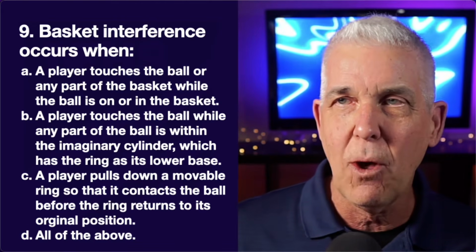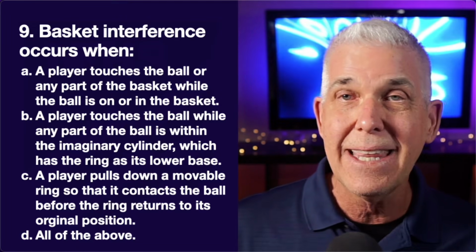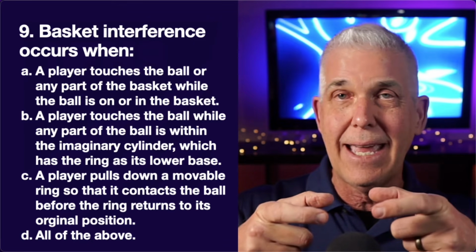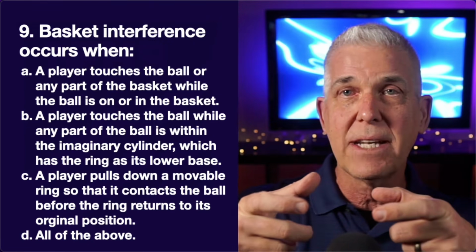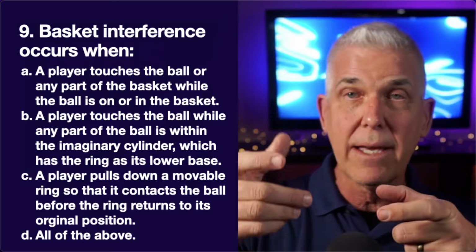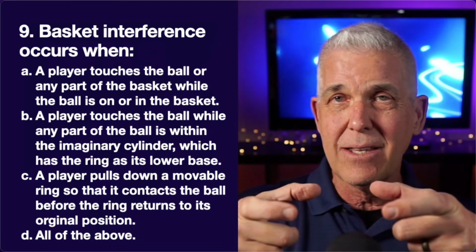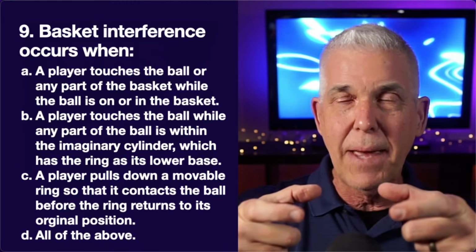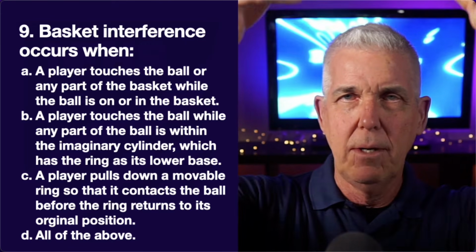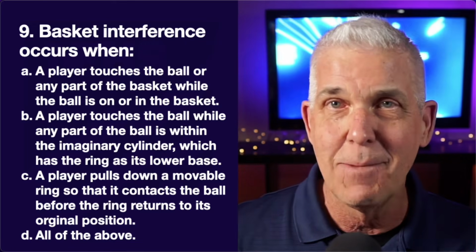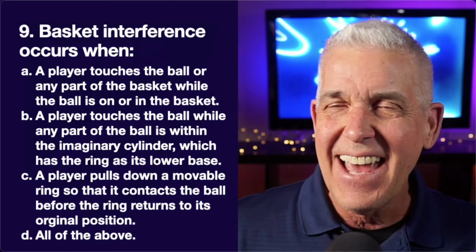B, a player touches the ball while any part of the ball is within the imaginary cylinder with the ring at its base. So now we're talking about a situation where the ball is above the ring, but is within the imaginary cylinder that the ring is the base of. That is correct.